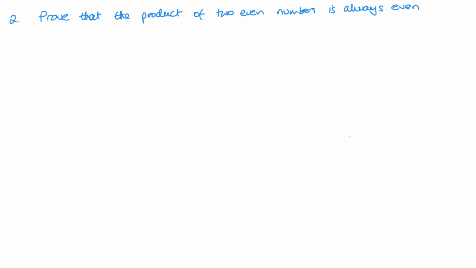Now, for this one, if we're talking about even numbers, all even numbers are multiples of 2. So if I think of 2 even numbers, let's start with, let m and n be any 2 numbers.